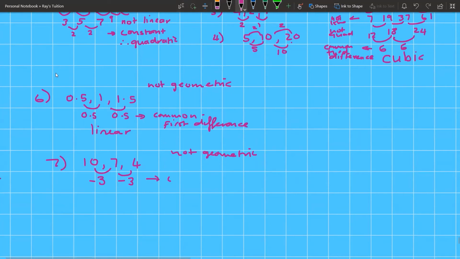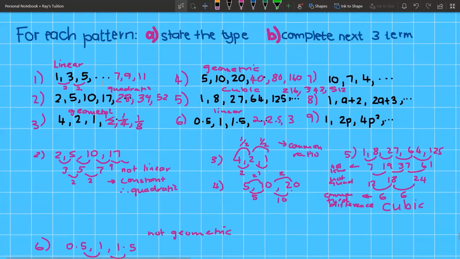So again, there's a common first difference, which makes this a linear pattern. So then to get the next term, we're going to add negative 3. So this one is linear. And then we're going to minus 3, so then it's 1, and then we're going to minus 3, so it's minus 2, and we're going to minus 3, so it's minus 5.